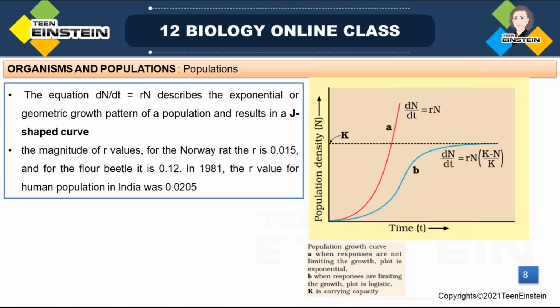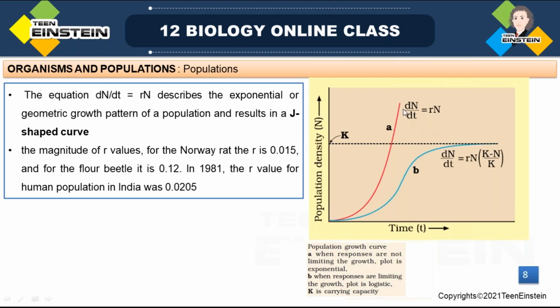This growth will suddenly get stopped, right? It may be due to environmental resistance, or the resources which were available in an unlimited way get over. So the population density growth will get stopped suddenly due to all these issues. Okay.